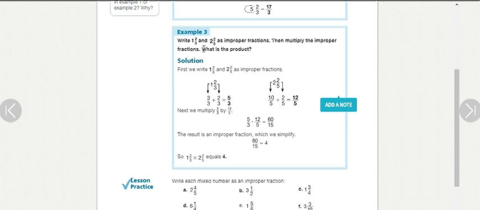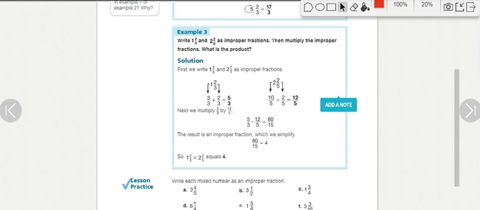Example 3 says, write them both as improper fractions, then multiply them. What's the product? See how this is a lot easier now. When you change 1 2/3 into 5/3, and you change 2 2/5 into 12/5, then you just multiply these two fractions like so. We can do that. Whereas before, you would not have ended up with a good answer.